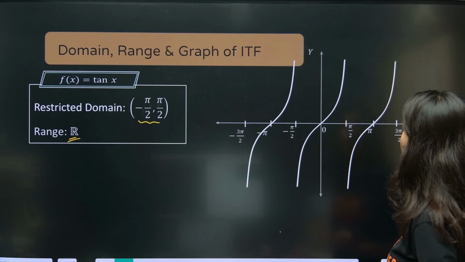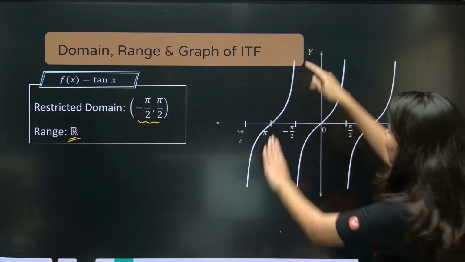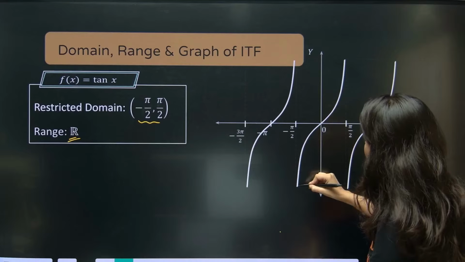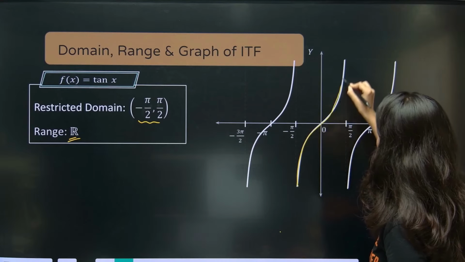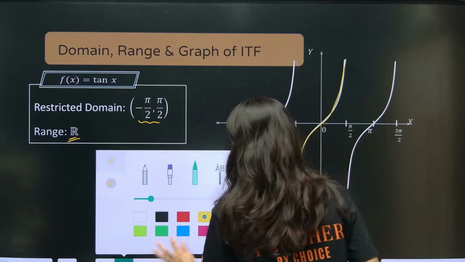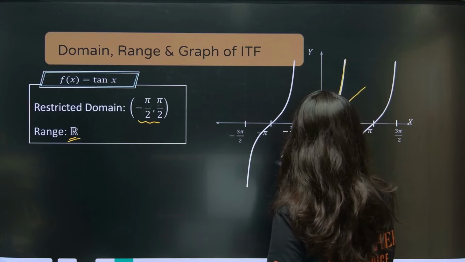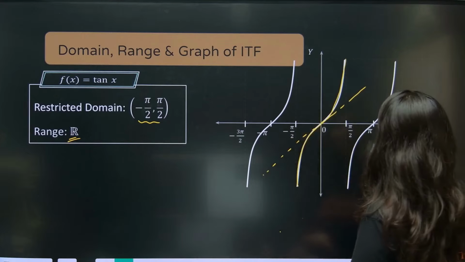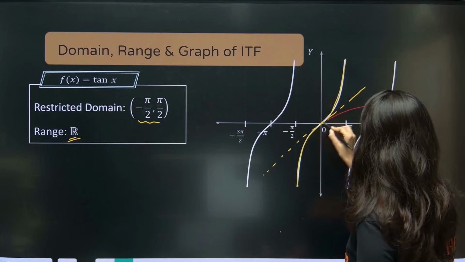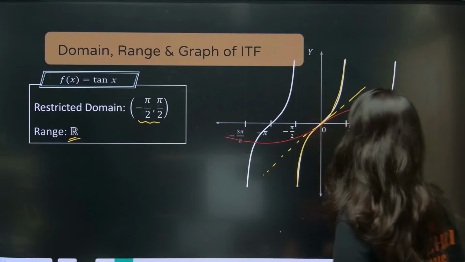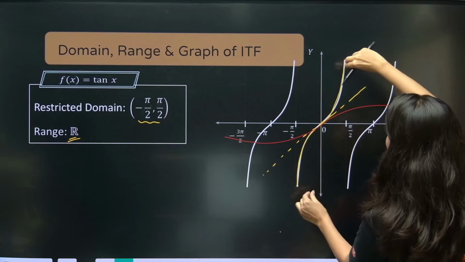So now what you want to do is, you just need this part, minus pi by 2 to plus pi by 2, this graph, and take the mirror image about the y = x line. Now take the mirror image. So the mirror image will look like this. Yes or no? This is standing, now this is sleeping.